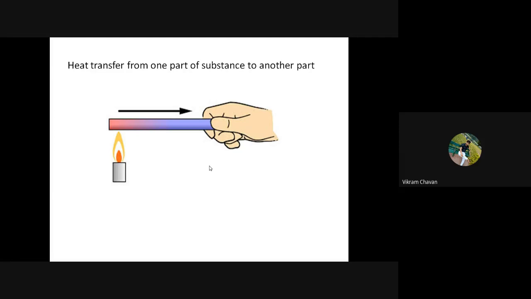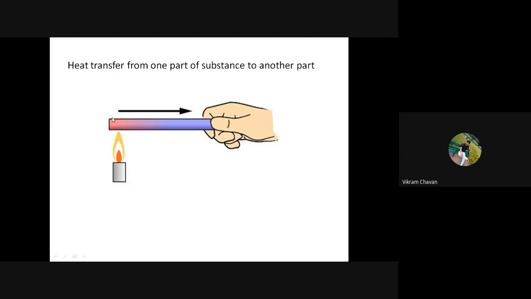You can draw the simple diagram, so it will be easy for you to understand this particular point. Heat transfer from one part of a substance to another part. Don't draw any hand over here, as you will require more time to draw the hand.